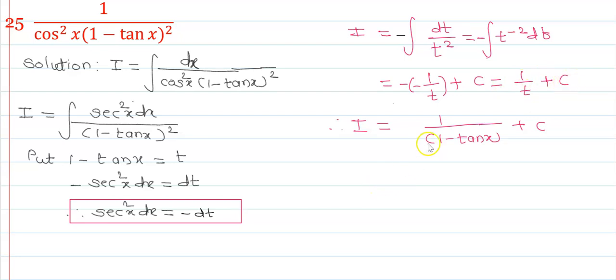Now resubstitute the value of t, and therefore you will get I is equal to 1 upon (1 minus tan x) plus c.